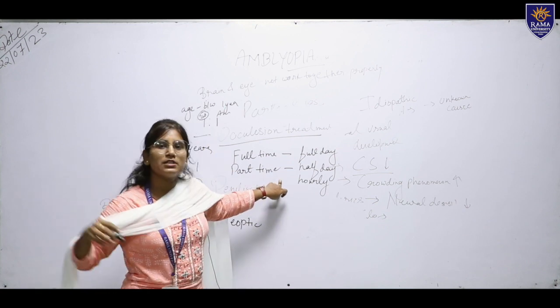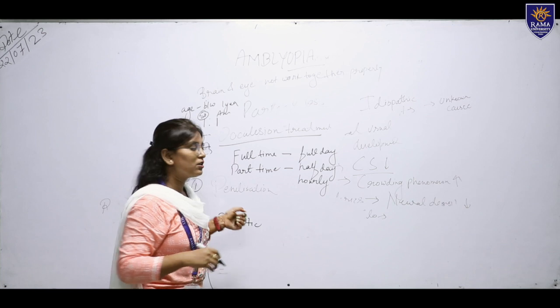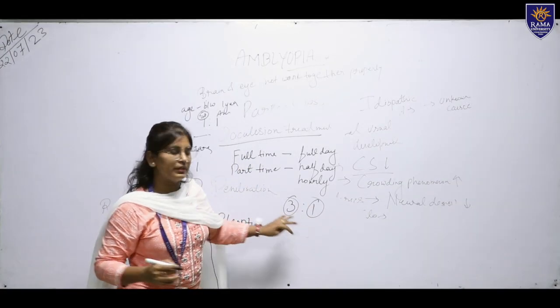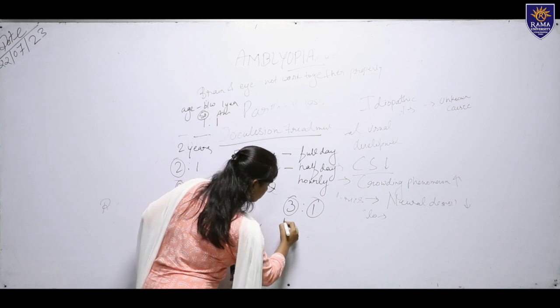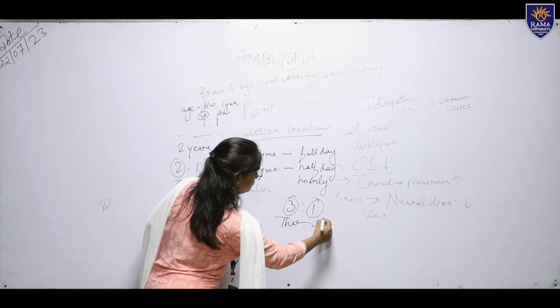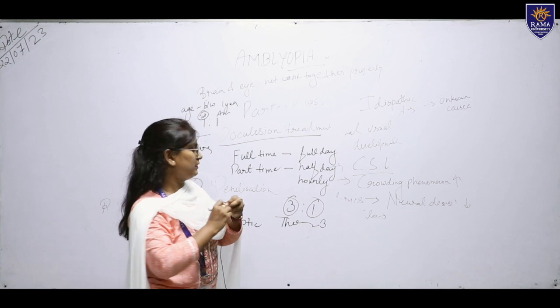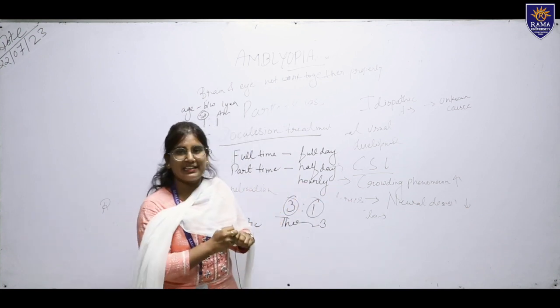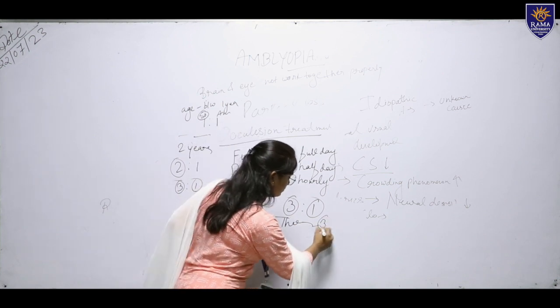Now part-time occlusion means hourly occlusion. One example, 3:1 at the age of 3 years means 3 days occlusion.